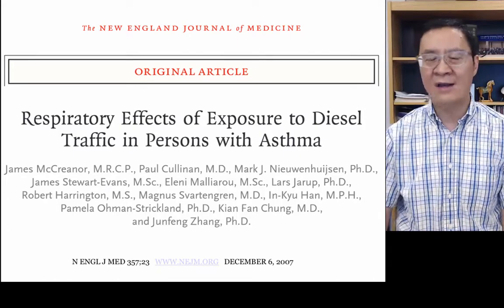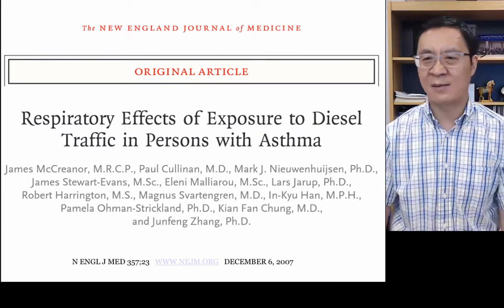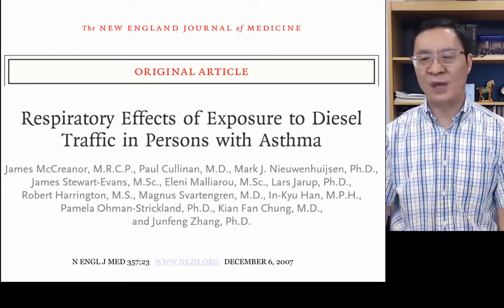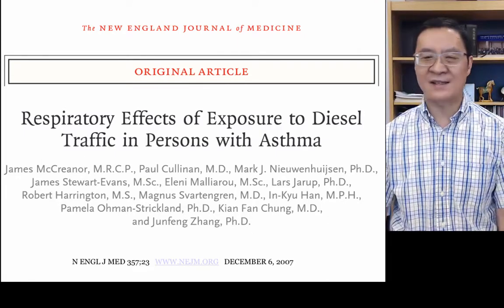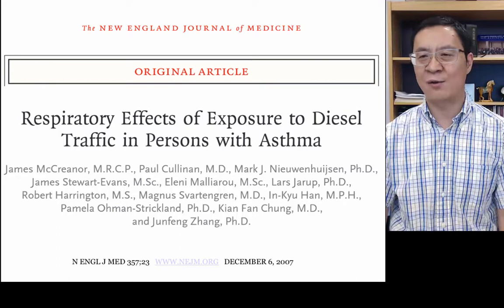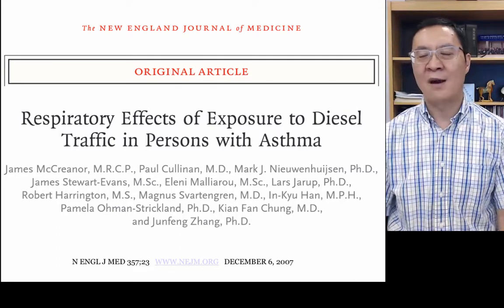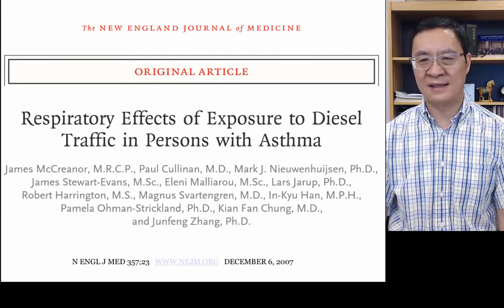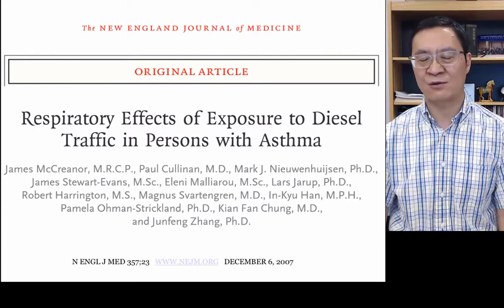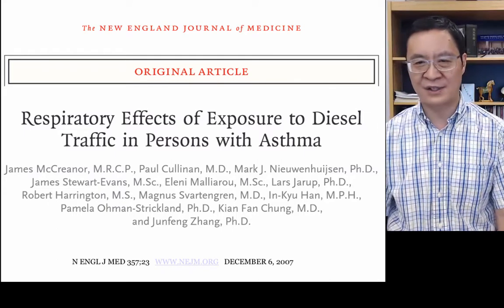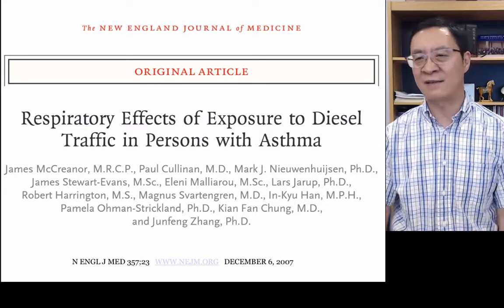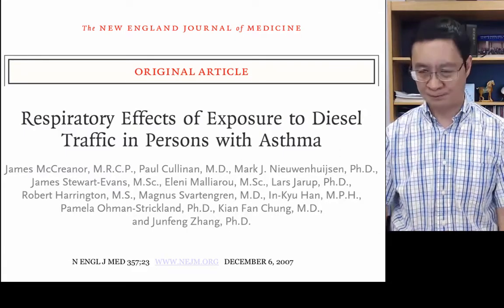We compared changes in physiology and biomarkers in those people. What we found in this study is that compared to walking in a cleaner park, walking in the street with lots of diesel traffic causes a 5 to 6% reduction in lung function and increases in inflammatory biomarkers.